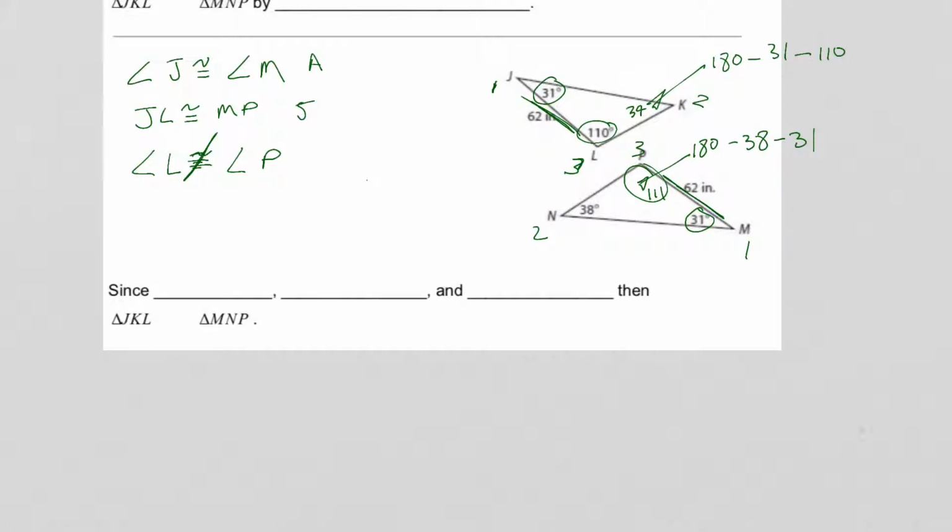So since the condition is not met, since angle L is not the same as angle P, triangle JKL and triangle MNP are not congruent. This just means not congruent. And it would help if I could spell correctly.